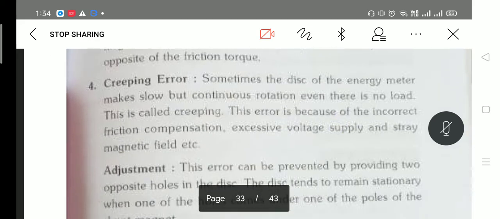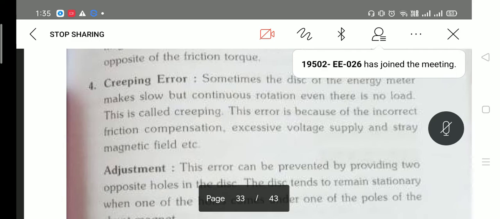Next one is creeping error. Creeping means sometimes the disc of the energy meter makes slow but continuous rotation even when there is no load. That process is called creeping.